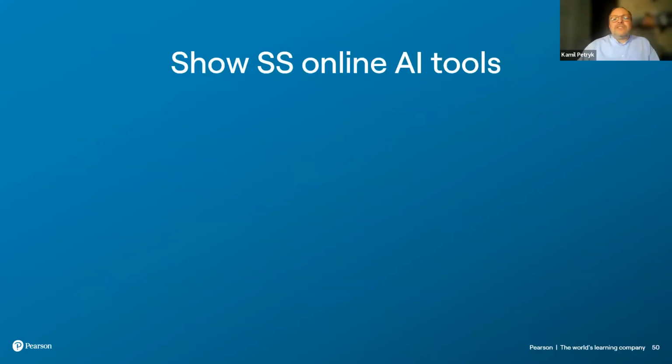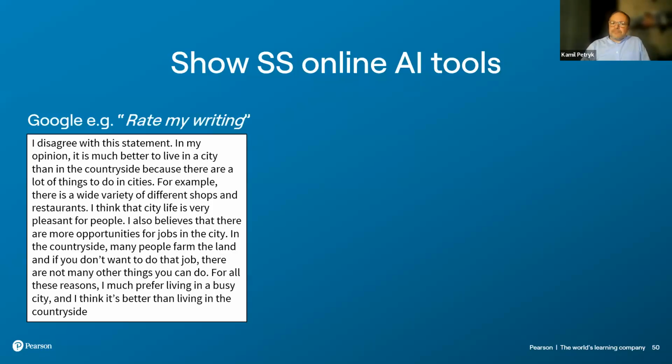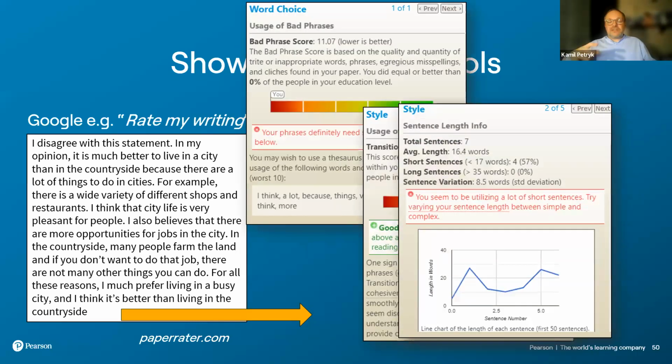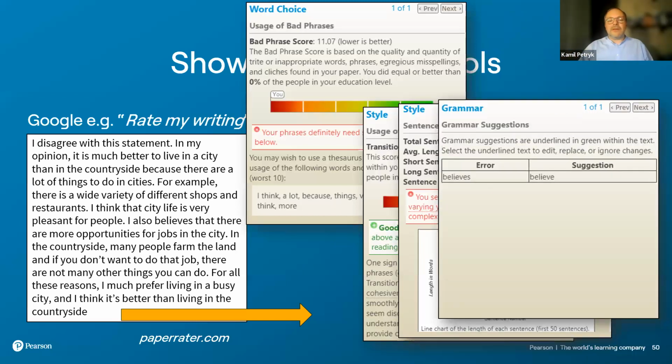Show your students also some online AI tools for rating. So if you Google rate my writing, they can easily upload their essays, their texts, and they can get very nice reports concerning the style, the vocabulary, grammar of the text.